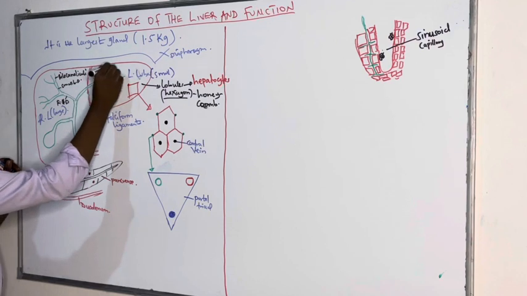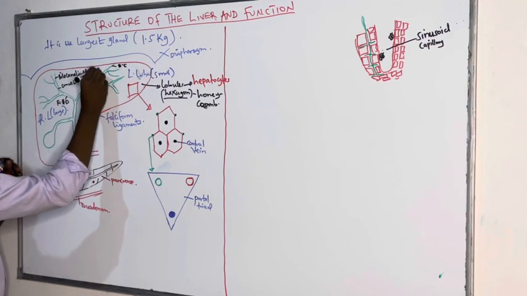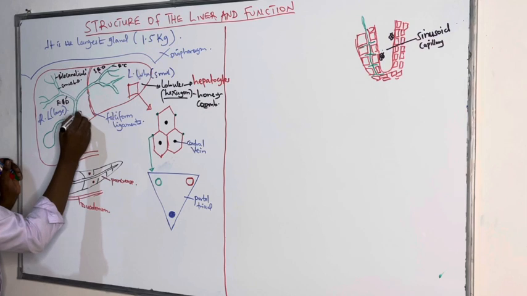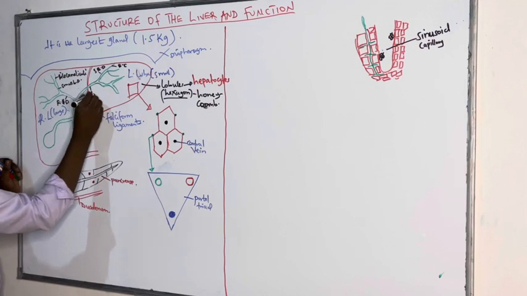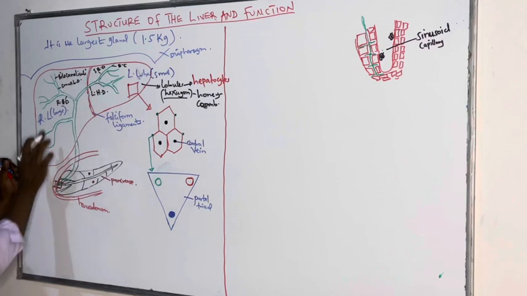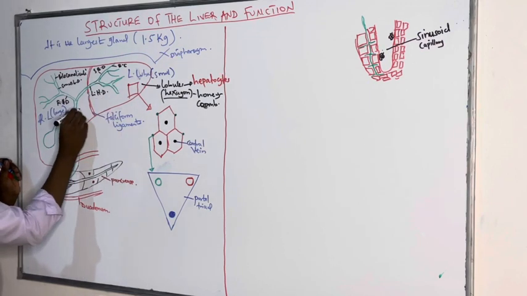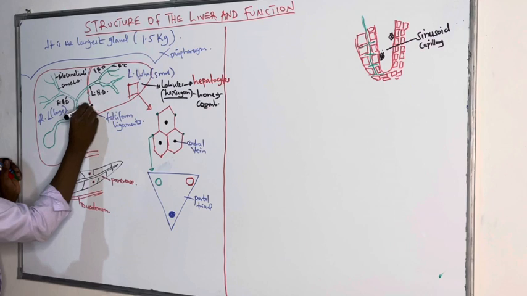The bile canaliculi give rise to small bile ducts, and the small bile ducts give rise to the left hepatic duct. The right hepatic duct and the left hepatic duct meet at the common hepatic duct.